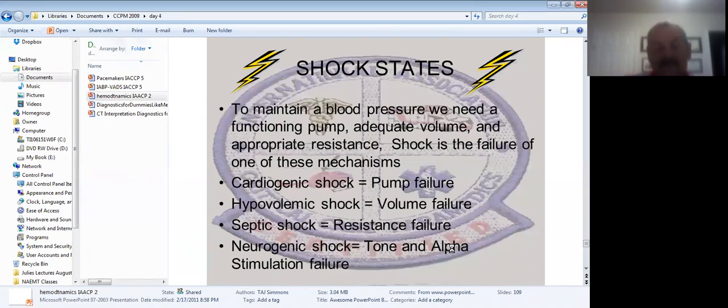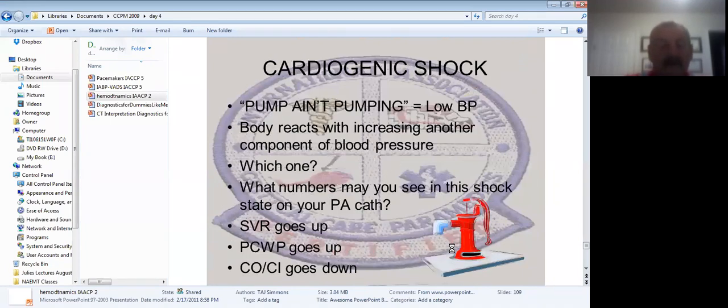So again, because you can see pump failure, you can see volume failure, you can see resistance failure in septic shock, and you can see the loss of tone and alpha stimulation in neurogenic shock, you're able to really see whether or not your therapies are being effective. So in terms of diagnosing cardiogenic shock, remember in cardiogenic shock, the pump is unable to overcome systemic resistance.